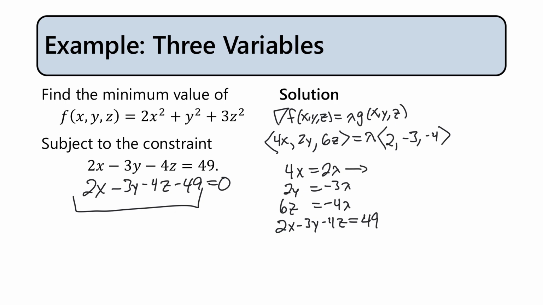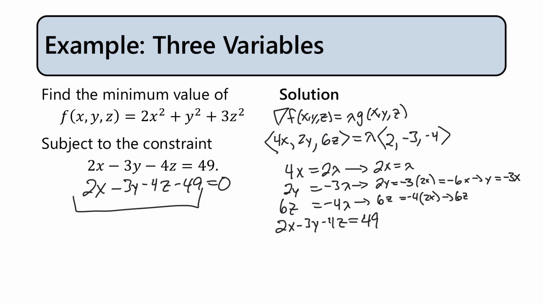So again, eliminating lambda. So we divide both sides by 2, we'll have 2x equals lambda. So replacing that in here, 2y equals -3 times 2x. So that's -6x. So that tells us y is equal to -3x. And then here we're going to have 6z is equal to -4 times 2x.